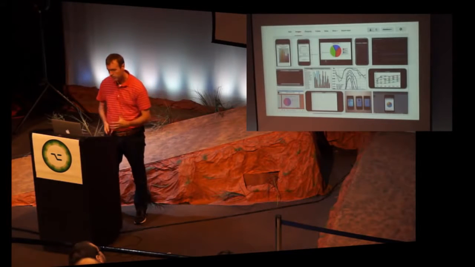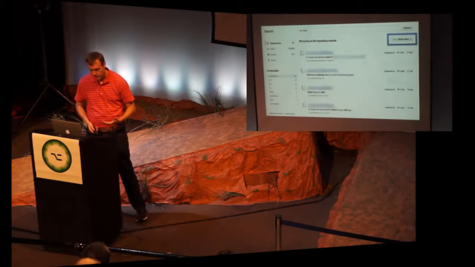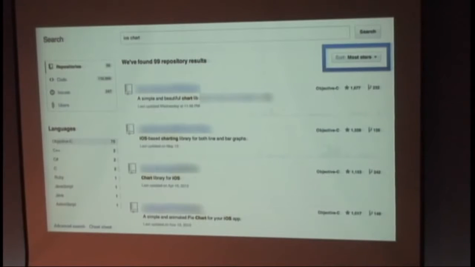So we know that there's a need for charts, but we also know that there's a lot of charts that have been created. Just taking a quick look on GitHub, I did a quick search on some of the most stars. I evaluate a lot of open source software by the stars.